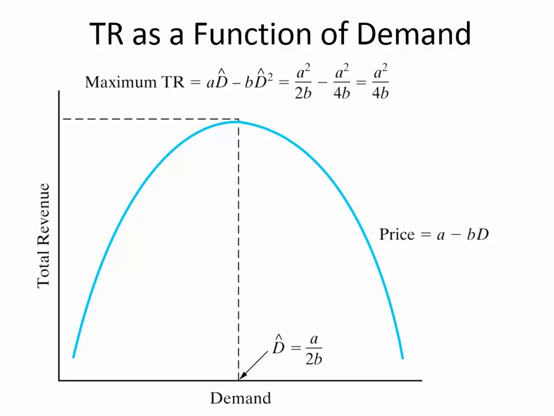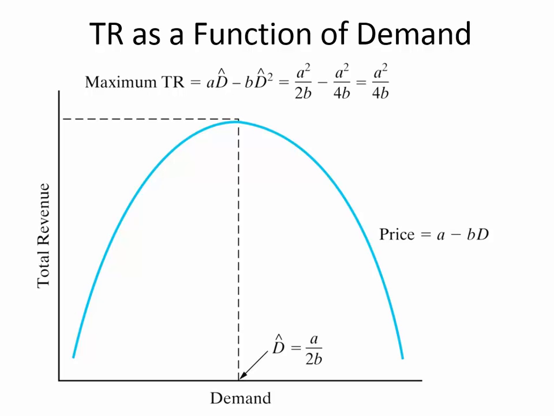Why isn't maximum revenue what you want? Several times during the semester I've said that if we look just at the economics, the objective of a business is to maximize profit. Good. This is showing maximum revenue. Revenue and profit aren't the same thing.